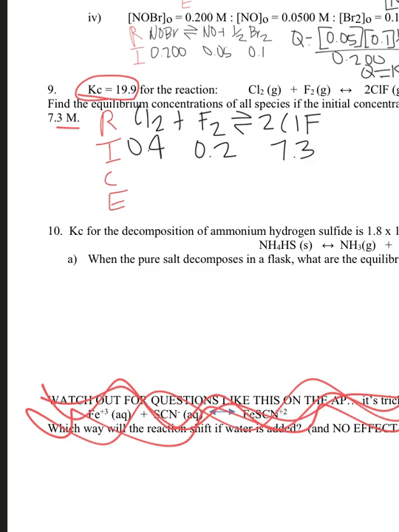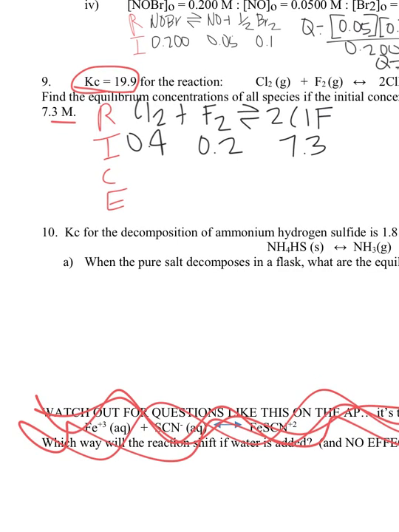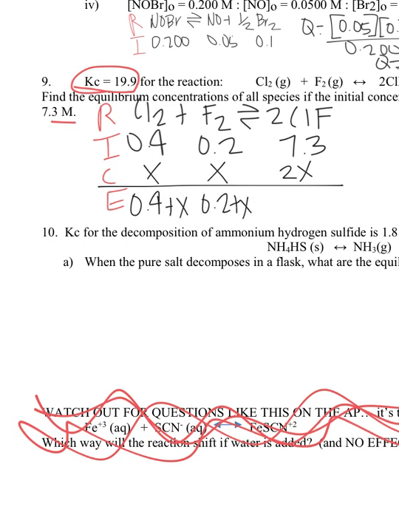And I need to do the change. So I'm going to do x, x, 2x. I don't know what way it's shifting yet. That's what I've got to figure out. So this is 0.4 plus x, 0.2 plus x, and 7.3 minus 2x.